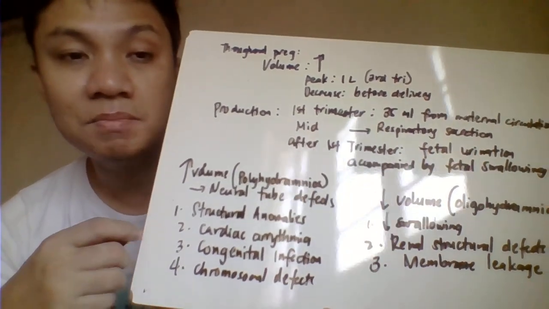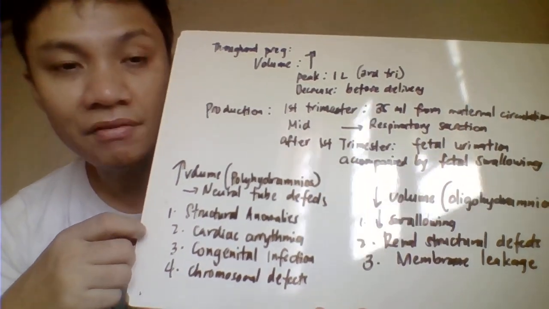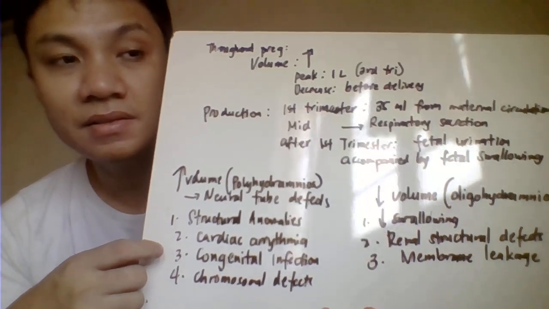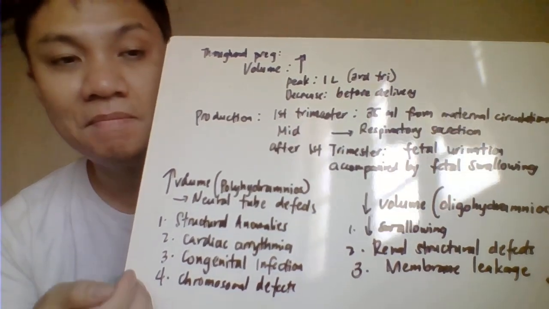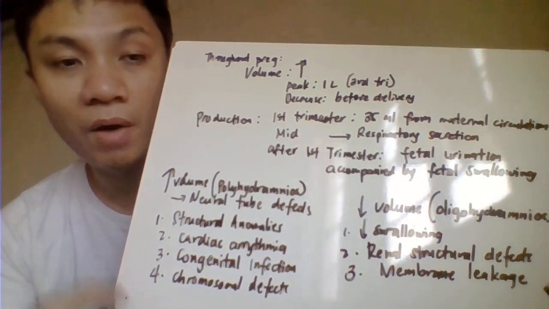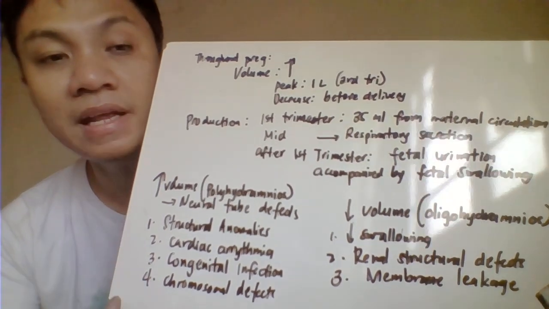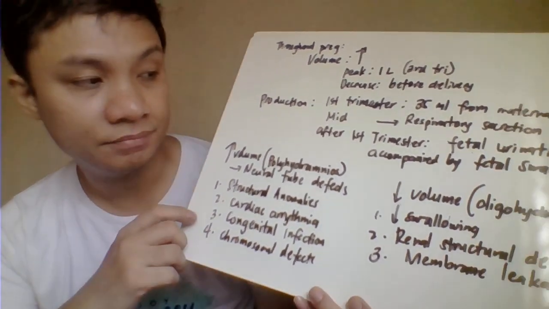And that secretion is made up of high levels of phospholipids. And after the first trimester, the baby also starts to urinate. As soon as the baby urinates, the baby also starts to swallow. So the baby produces fluid from its urine, and at the same time swallows it, and therefore is able to maintain the normal volume.